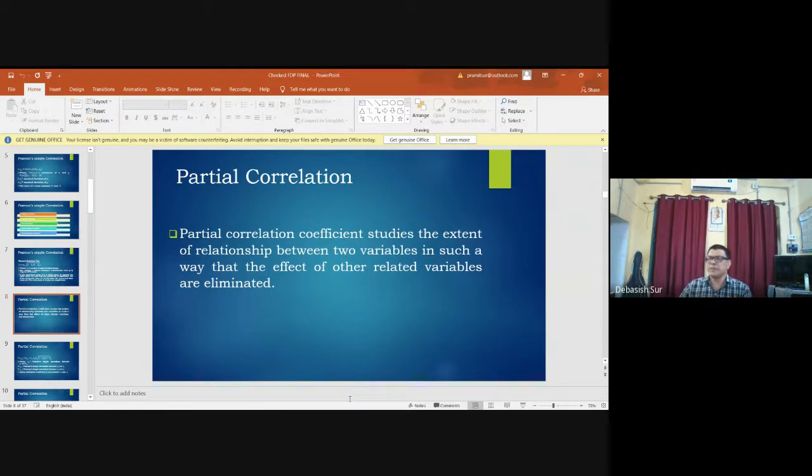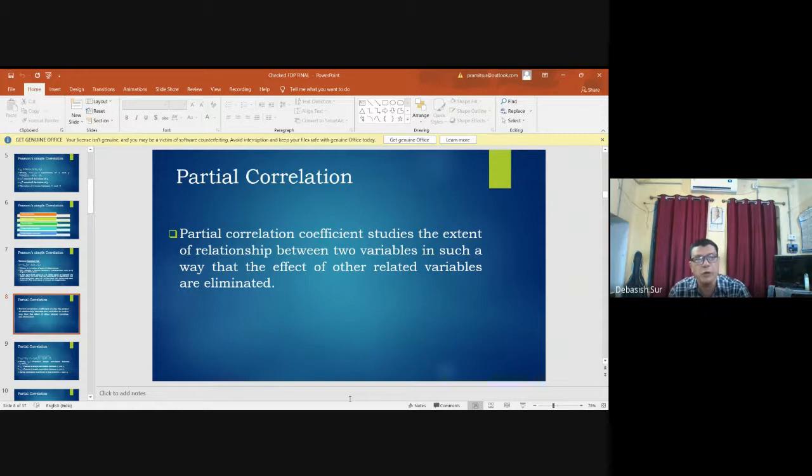For example, suppose we have three variables: yield of crops, amount of fertilizer used and amount of rainfall. We all know that yield of crops generally depends on the amount of fertilizer used and the amount of rainfall. That means yield of crops is influenced by both.